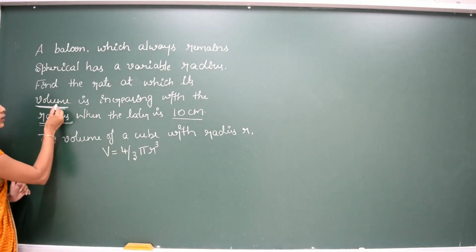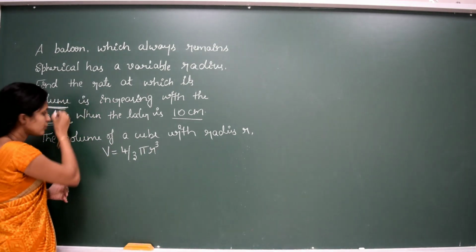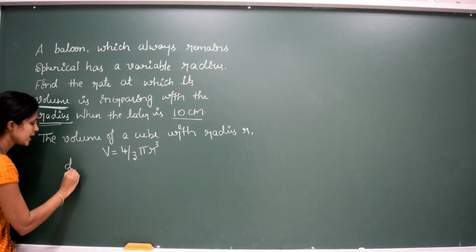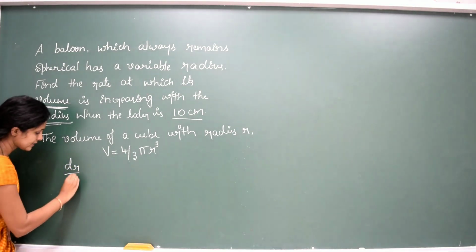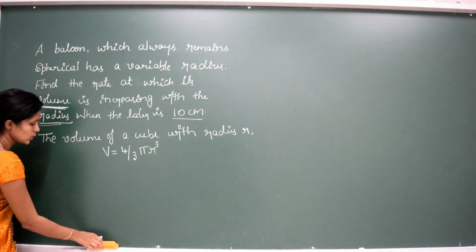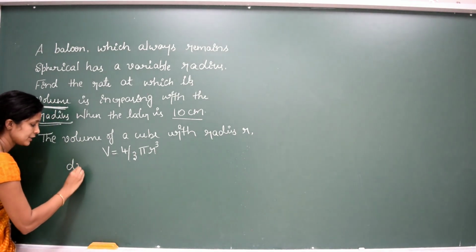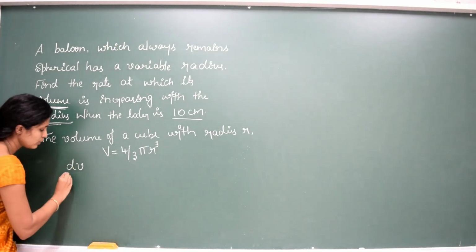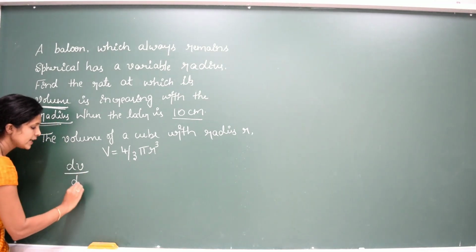Now what do you have to find? Rate of change of a volume with respect to radius. So this is rate of change of a volume with respect to the radius, dV by dr.